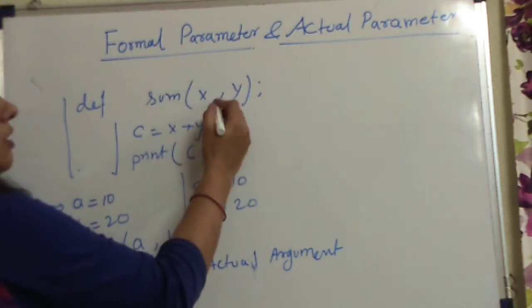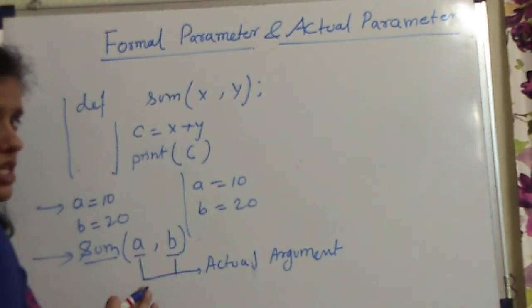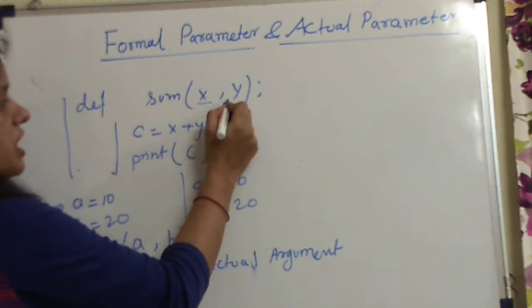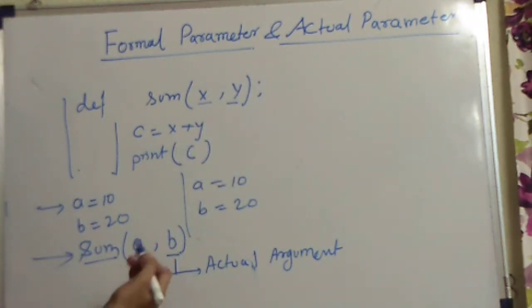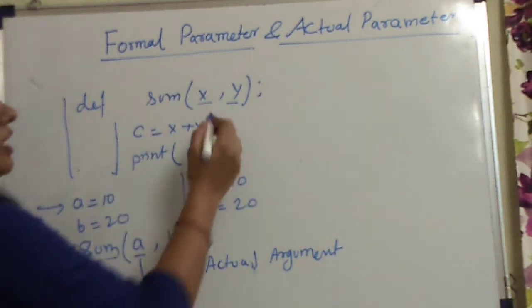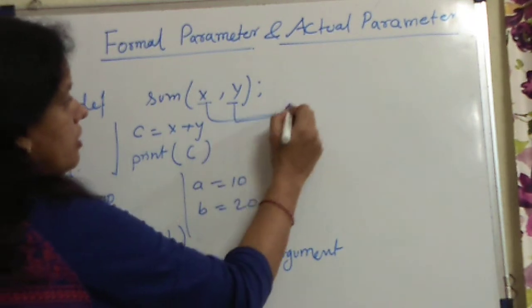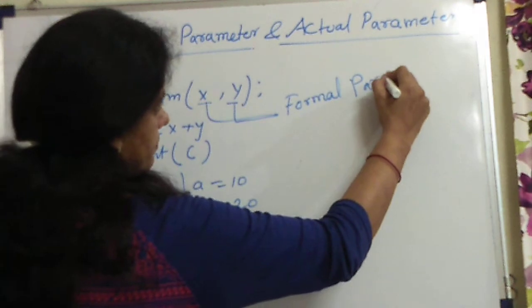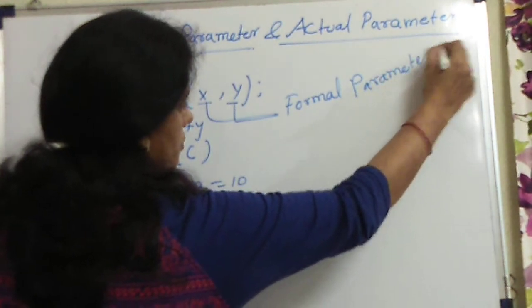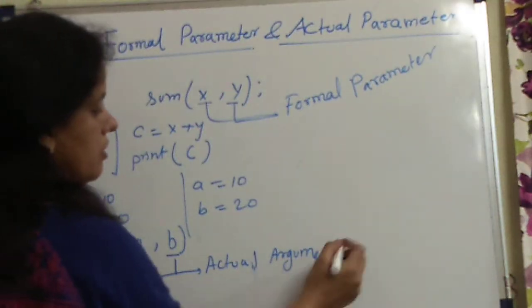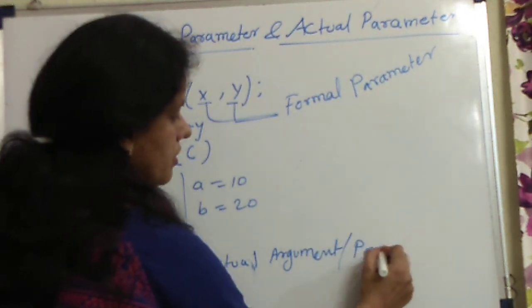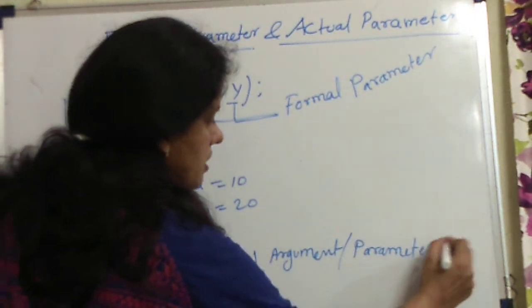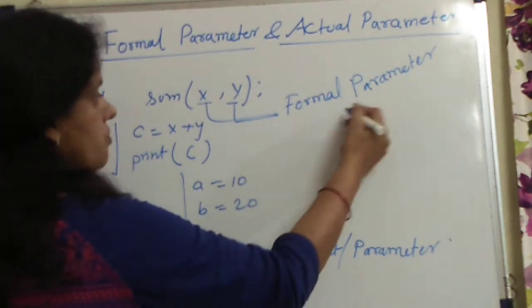And in the function definition, the variables which are accepting the value passed from the function call are called formal parameters. We can also say actual parameter or argument, and formal parameter or formal argument.